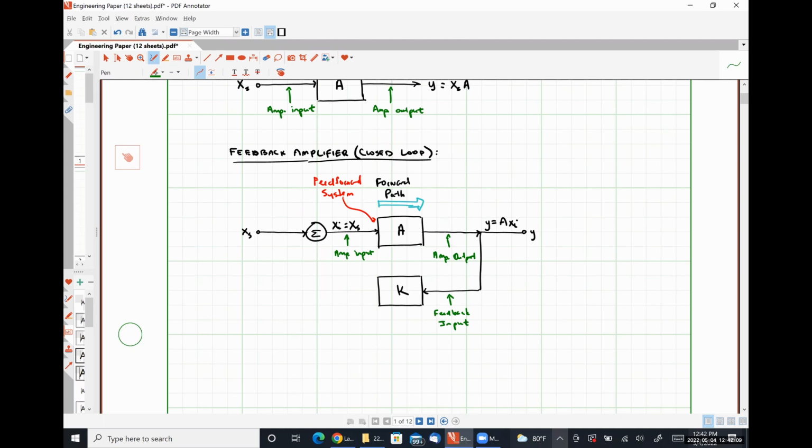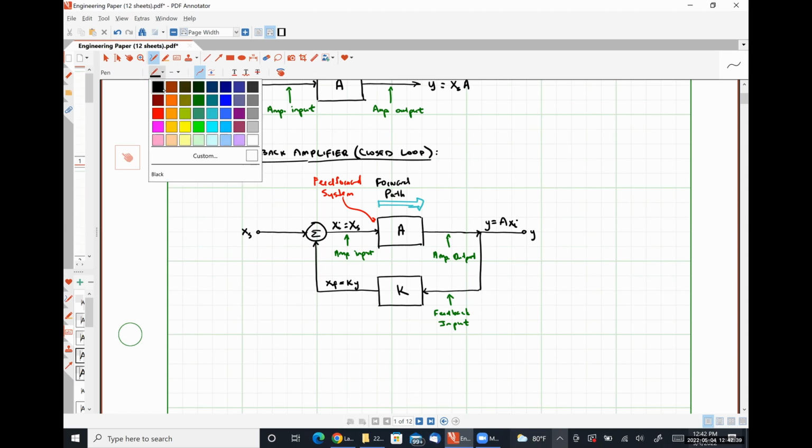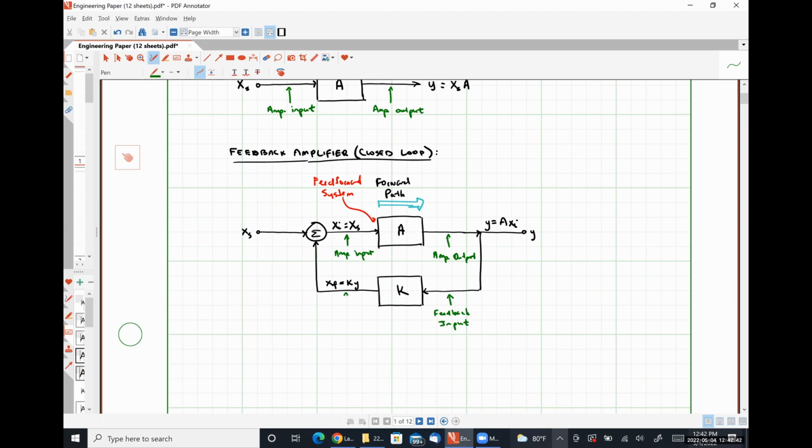So our feedback network outputs a signal, okay, that I am going to call XF for feedback, and it is simply K times our output signal, Y. Okay. So this is our feedback output.